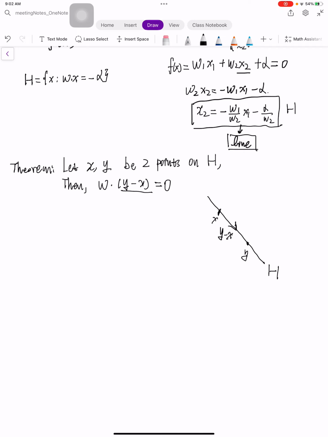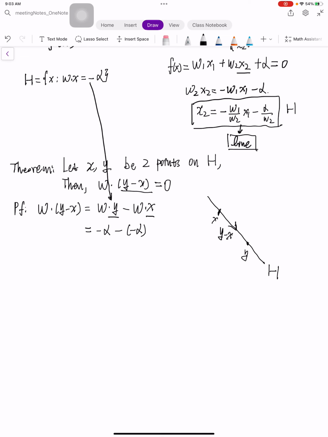Actually, the proof is very simple. Omega inner product with y minus x equals omega inner product with y minus omega inner product with x. Because both points are on the decision boundary, they both satisfy this equation. So this equals negative alpha, and this one also equals negative alpha.